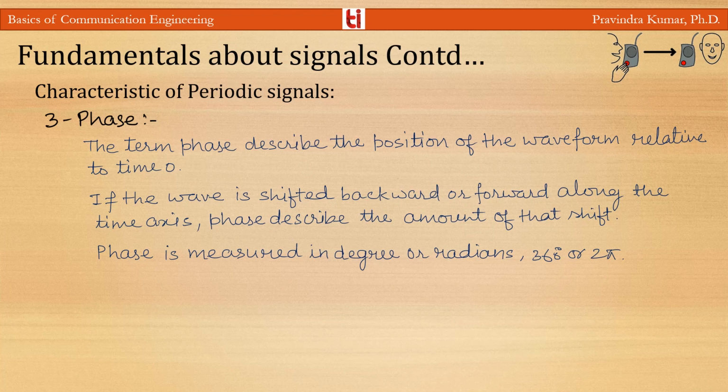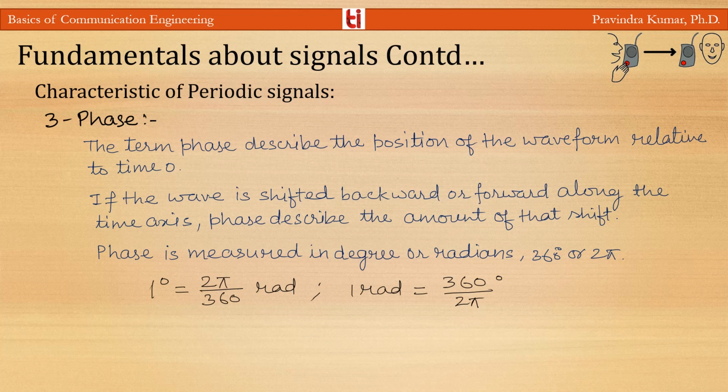It indicates the state of the first cycle, and phase is measured in degrees or radians, 360 degrees or 2 pi radians. 1 degree is equal to 2 pi by 360 radian, and 1 radian is equal to 360 by 2 pi degrees.